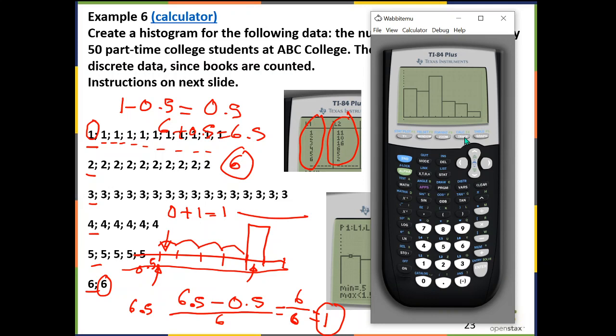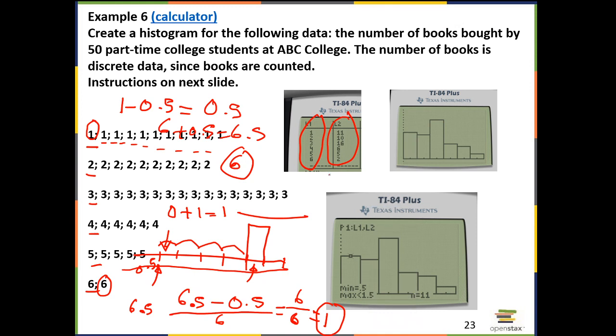Now if you press trace, you could go over each rectangle and it gives you the height, which is right here. Also, it gives you the edges, the boundaries. You see the boundaries here? Gives you the boundaries and also the number that we have in each rectangle. Okay? That's the idea. That's how you graph the histogram with the calculator.